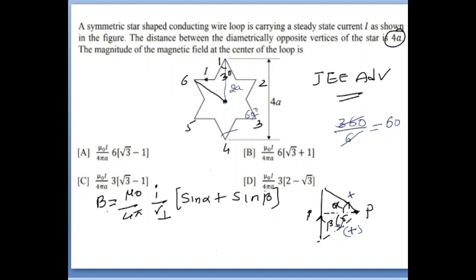Now we will apply the same formula here. Try to understand here. I know this angle is 30, but I don't know what angle is made here. So you do one thing: take this wire to be straight.